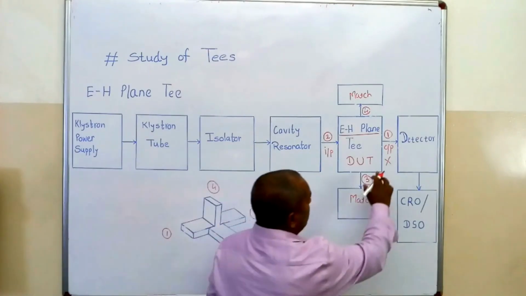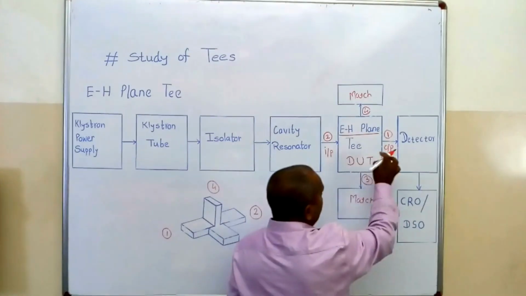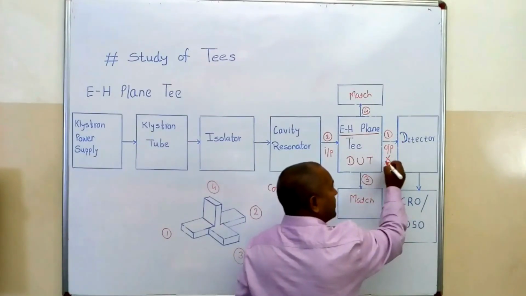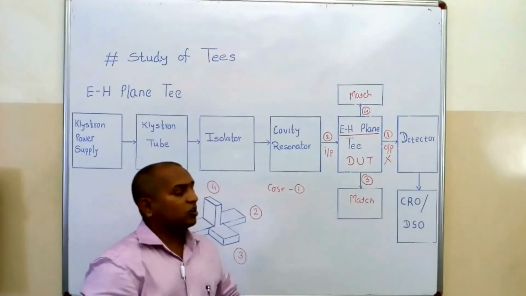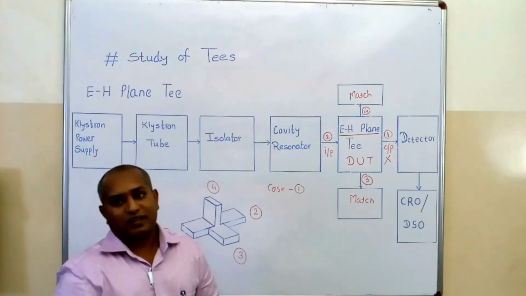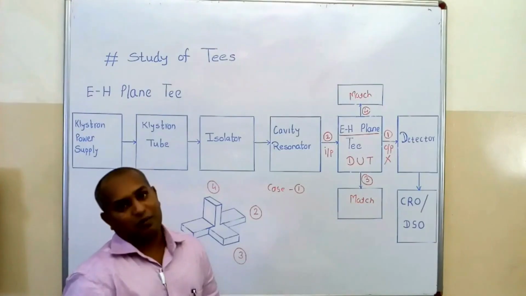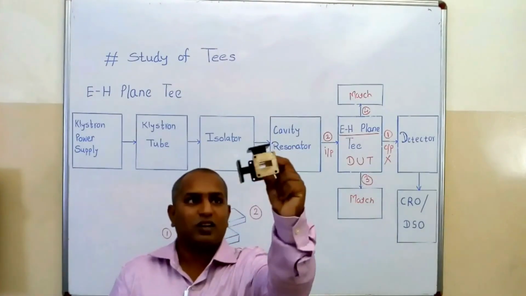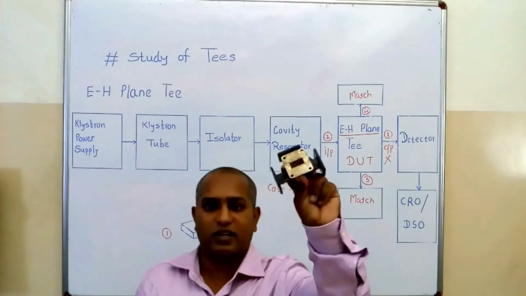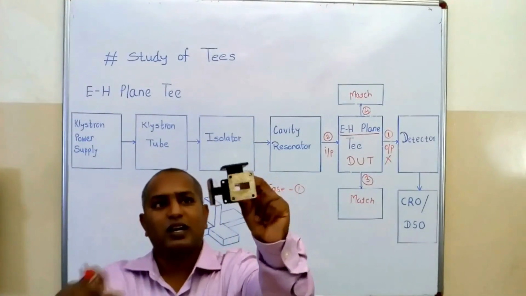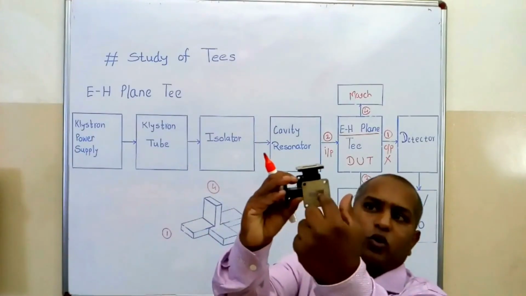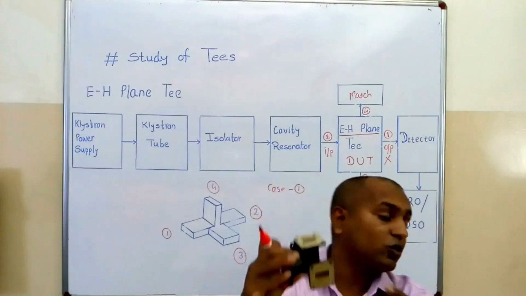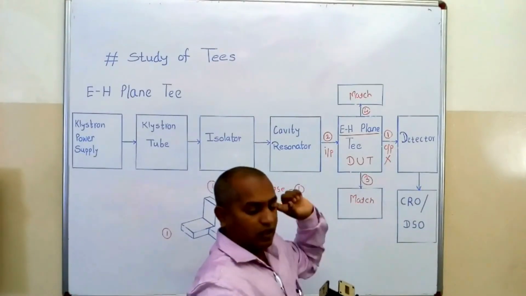In this case also, if I measure the output across port number 1, we are not getting an output across port number 1. This is another, second magic related to your EH-plane T. Look here, the combination of E and H plane T is a totally hollow tube in between port 1 and port 2. Even then it happens.